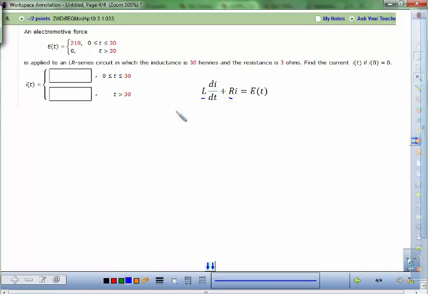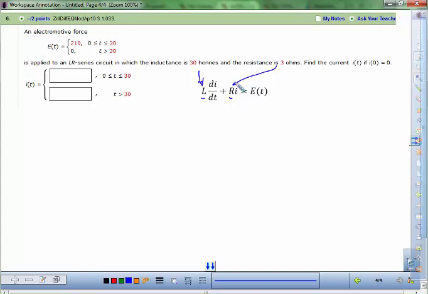So the R would be the resistance, and what's the L stand for? Conductance or inductance. So that's the Henrys.